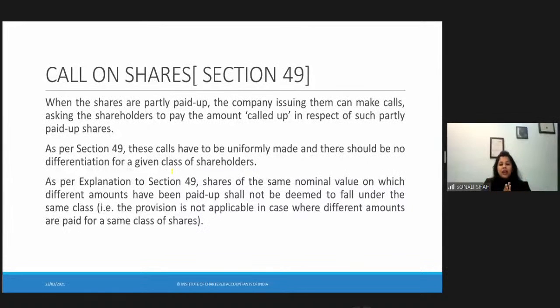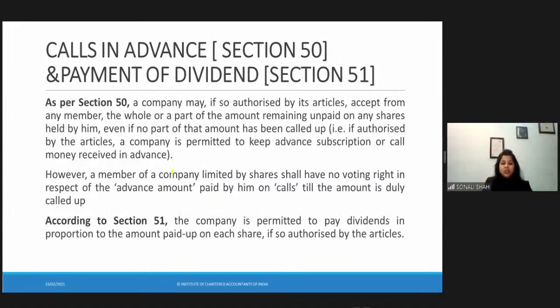For one particular class of shares, the call has to be made uniformly. And the explanation to section 49 says shares of the same nominal value on which different amounts have been paid up shall not be deemed to fall under the same class. So this provision will not be applicable where different amounts are paid on the same class of shares.